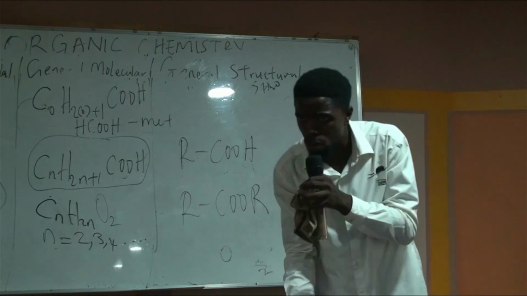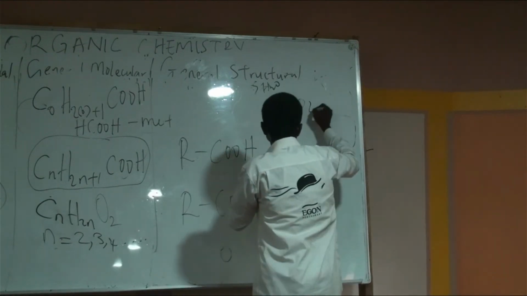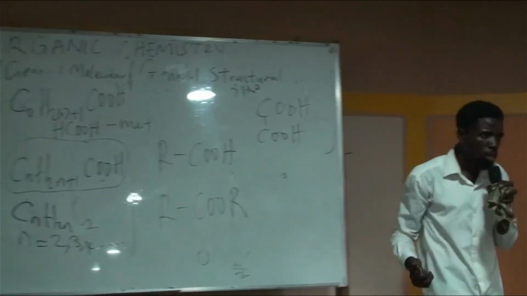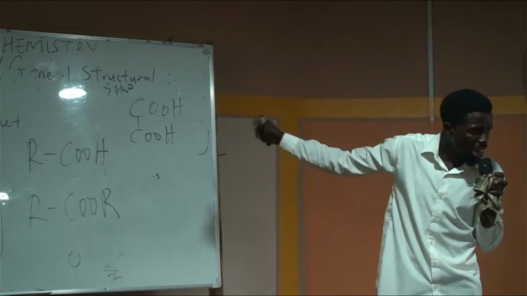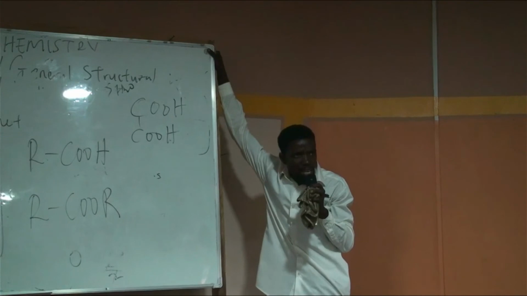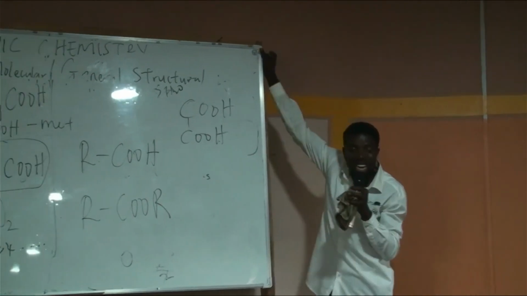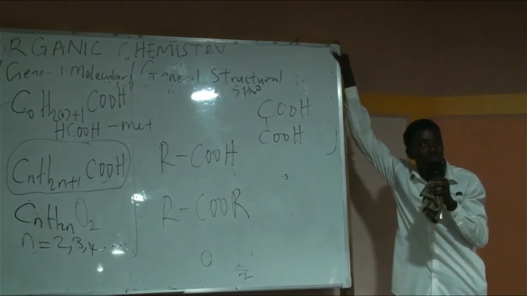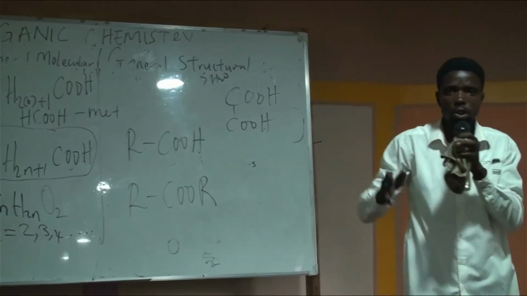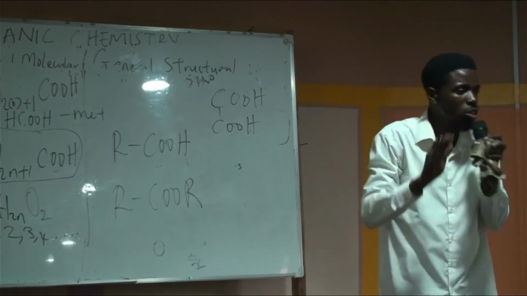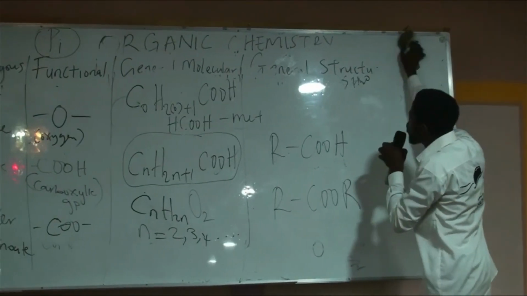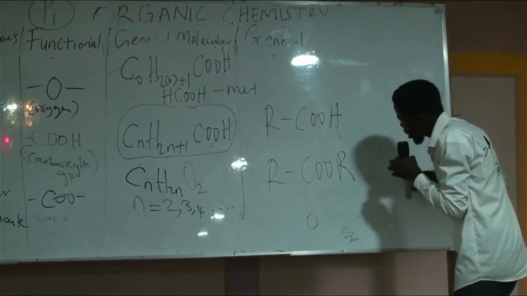It's not always one, no. COOH, COOH. This is oxalic acid, right? Ethanedioic. What is the basicity of this acid? Why? The hydrogen you are counting is the one associated with what? The carboxylic group. Replaceable hydrogen ions in organic acids are the ones associated with what? Carboxylic group.